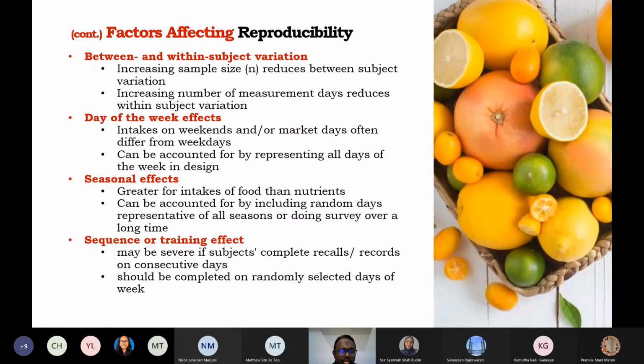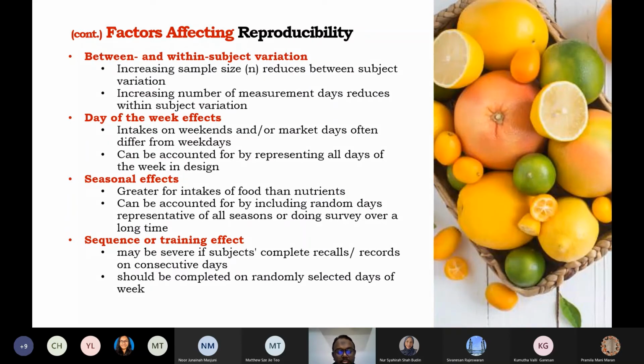Day of the week effects. Intake on weekends and or market days often differs from weekdays. We know that on weekends we are not working, we are at home, and then we might go to the market, buy more foods, eat outside away from home.